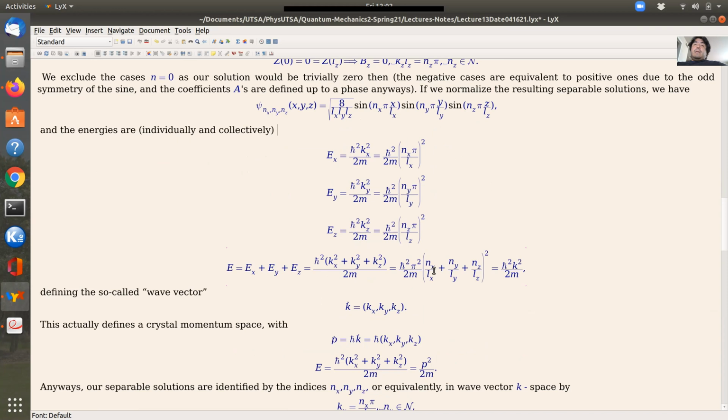So finally, when you add them together, the energy, which is Ex plus Ey plus Ez, all you need to do is to add the k's. They all have a factor of pi squared, which is outside, and then you have the different summands, and they are squared. So here, I have a very silly typo.